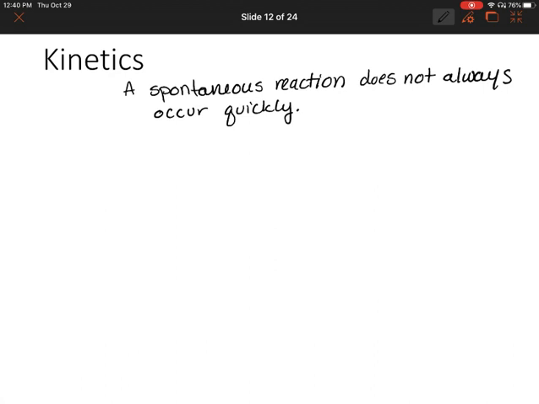All right, so when we're talking about kinetics, we are talking about the rate of a reaction. So you might remember that rate is equal to a rate constant K times the concentration of the reactants.